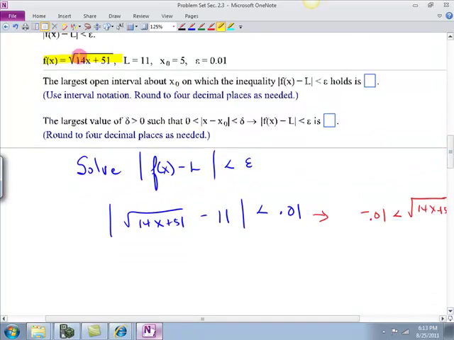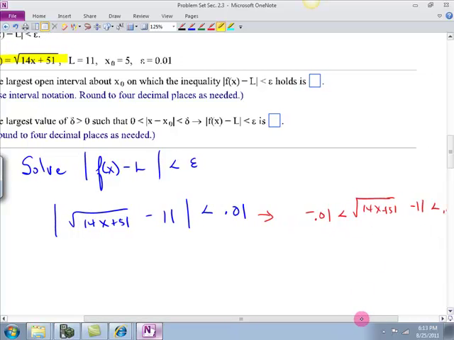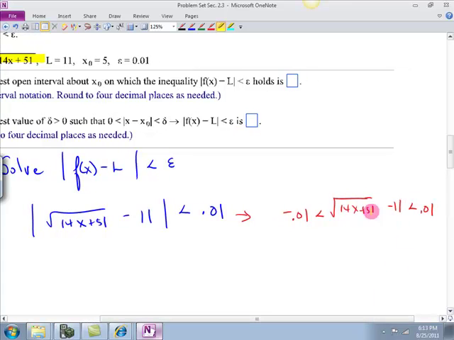Okay, so we're always solving the absolute value of f of x minus the limit is less than epsilon. So I've written that there, and I went ahead and rewrote it over here in the red. That's just taking the absolute value off and putting the negative over here and the positive over here.